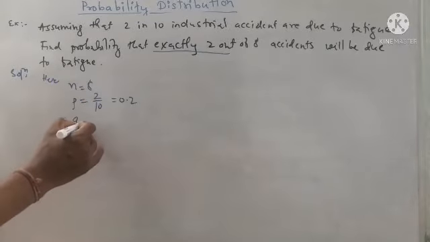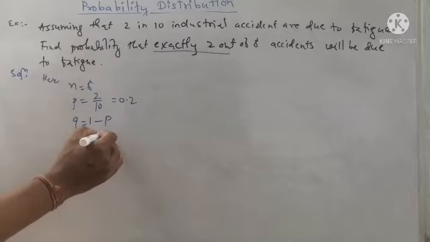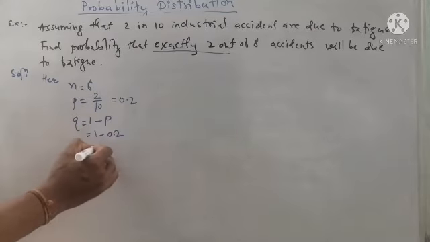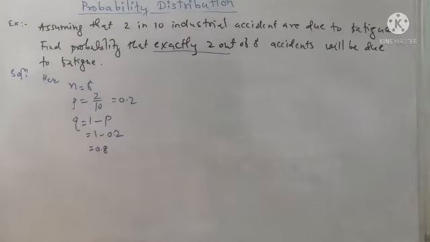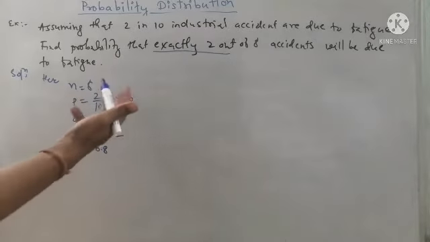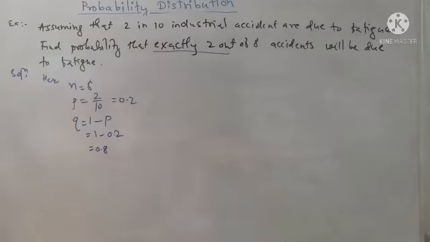Now Q is 1 minus P, that means 1 minus 0.2 is 0.8. As we understand, the number of trials is 8, which is small, and P is 0.2, which is a comparatively small value, as probability is always less than 1.